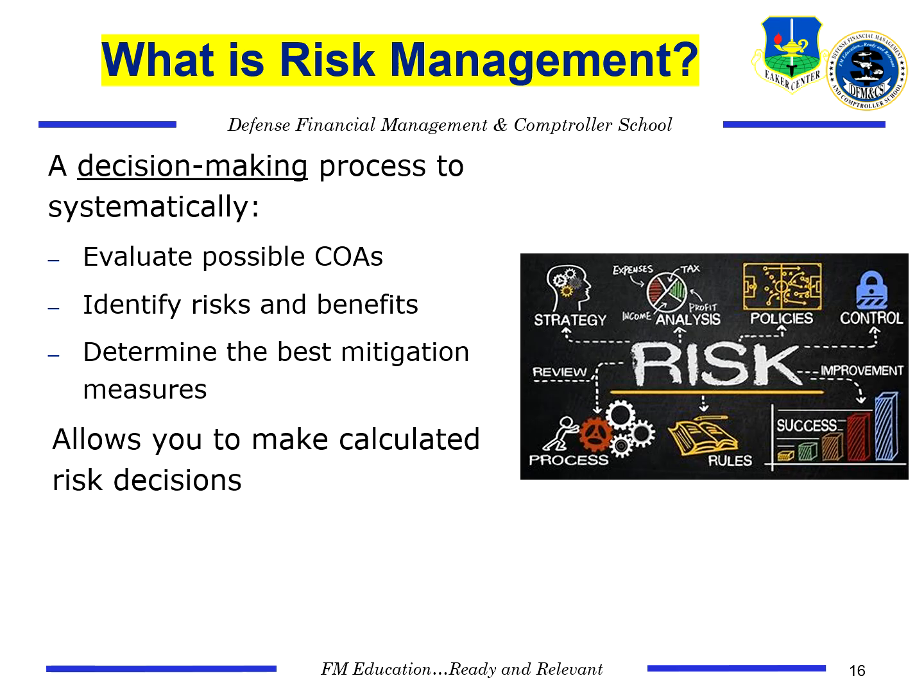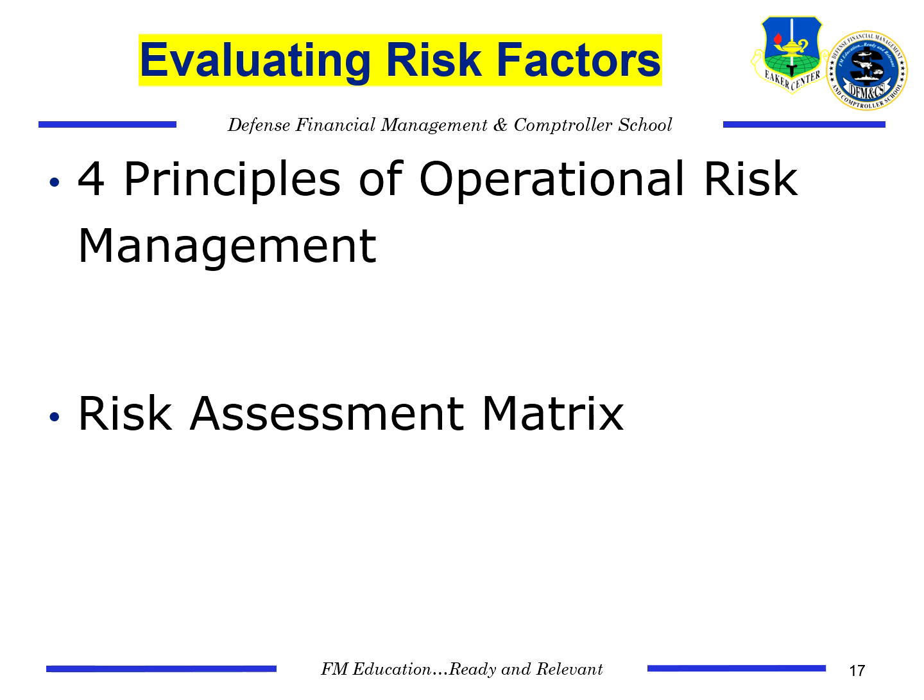It allows you to make calculated risk decisions. So the two that I'm going to talk about today are the 4 principles of operational risk management, and then I'm going to go over the risk assessment matrix.